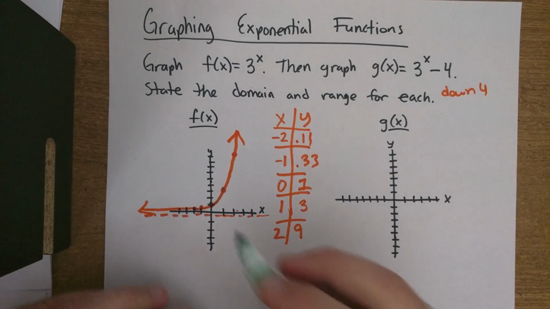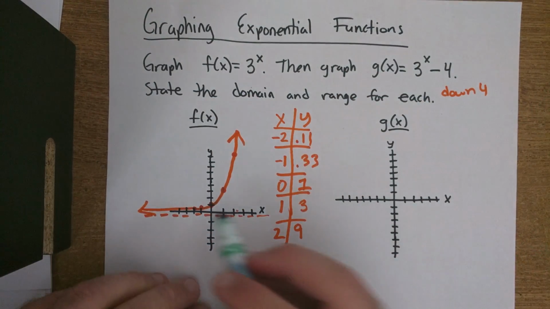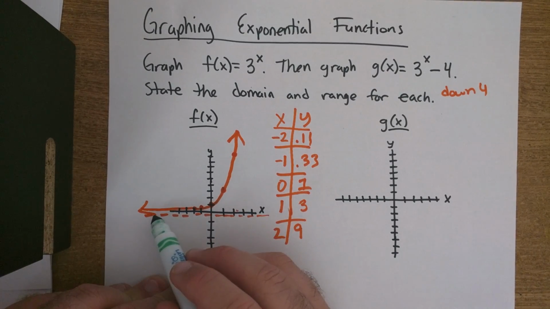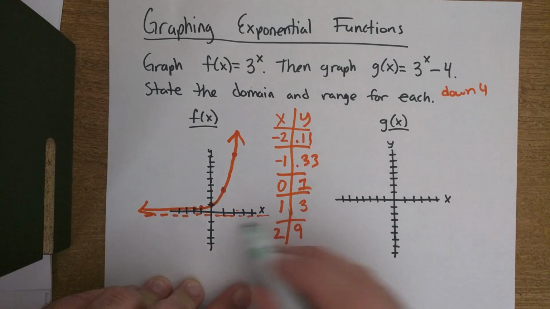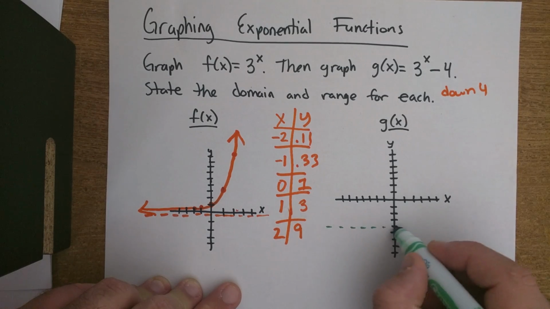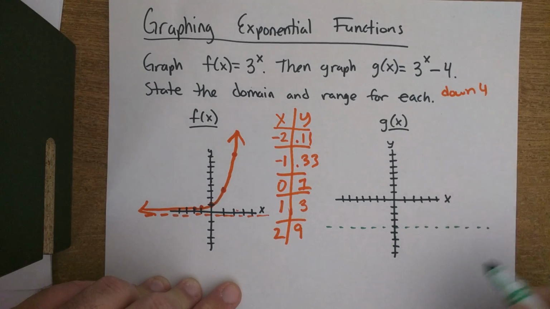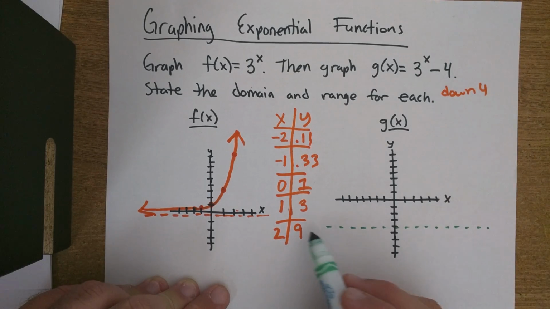So to graph g of x, I just take every point I just drew and shift it down 4. Which means that also shifts down my what? My asymptote. Remember how I said my asymptote was on the x-axis? Well, I'm going to have to shift it down 4 so that my asymptote now is right here. So that's what the minus 4 after the 3 to the power of x does. It shifts down your asymptote.